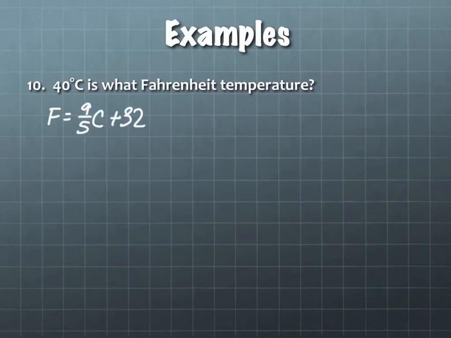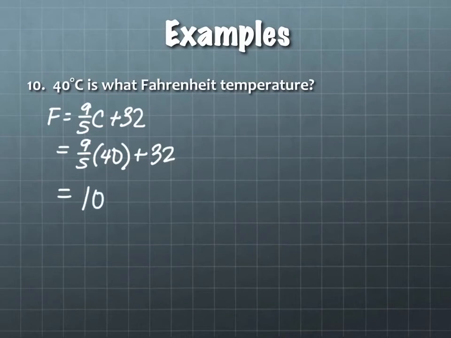This is the most direct one because it's going to have me put things in and get Fahrenheit out, F equals. So here's 9/5. Notice we're going to do the multiplication part first and add the 32 last. And if we do, what temperature do we get? 104 degrees Fahrenheit.